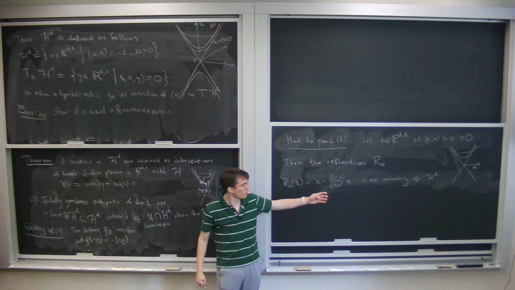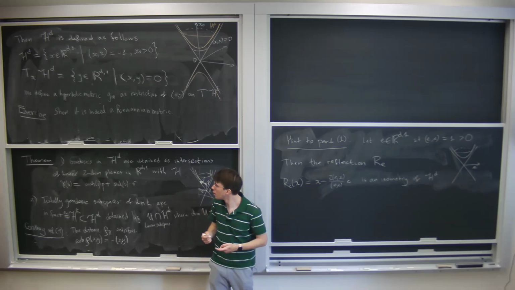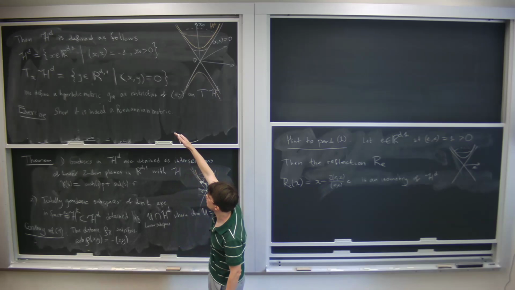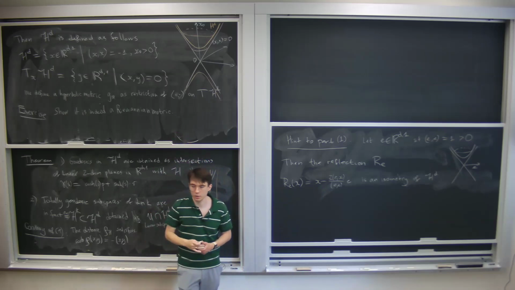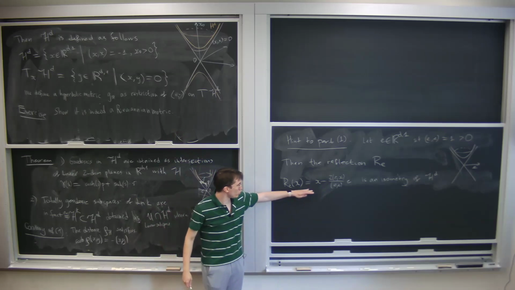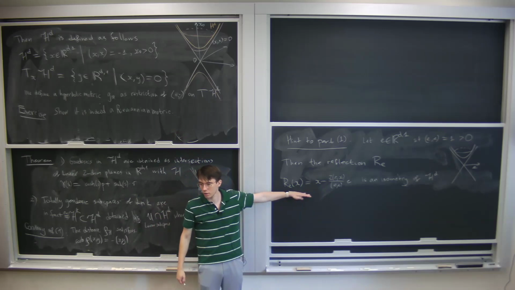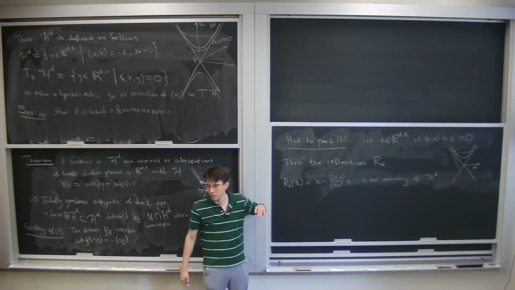You can just compute, take X and Y. Since the Riemannian metric is obtained as the restriction of the scalar product onto the tangent plane, you basically just show that the scalar product is invariant with respect to this reflection, right?